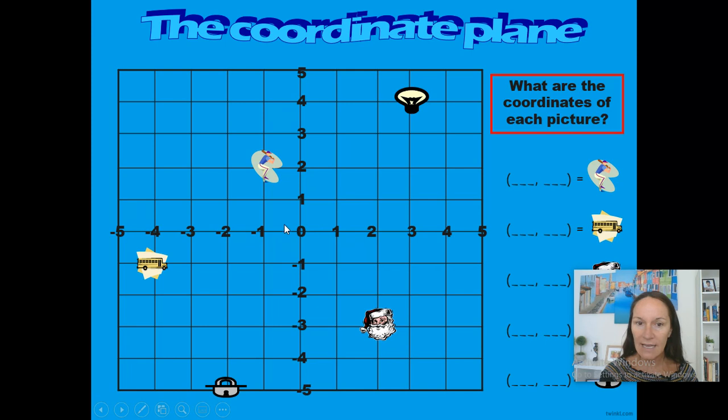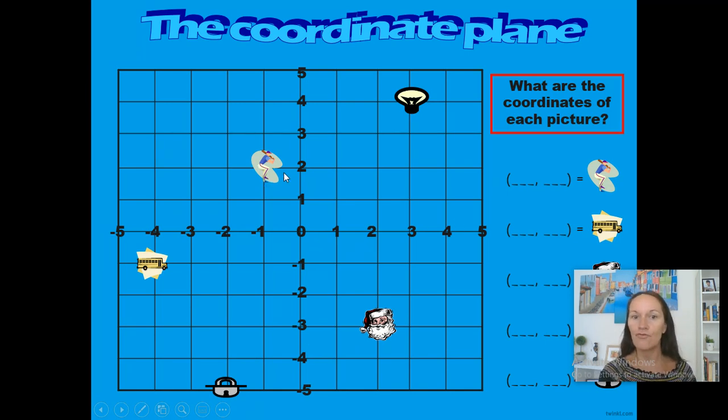So you always start on the cross section, which is 0, and if you're going left, your digits will be negative. If you're going down, they will be negative. Up, positive numbers, right, positive numbers. But the same rule always applies. You always go horizontal before going up or before going down.